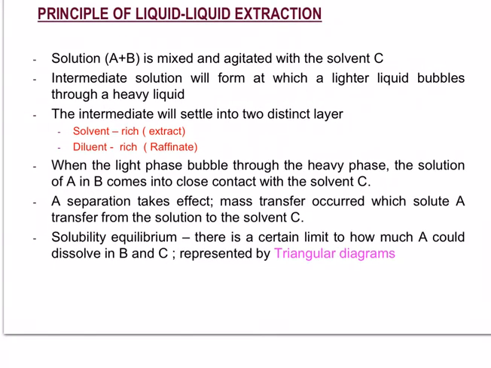Mass transfer occurs when the solute A in your solution is transferred into your solvent C. A separation takes place when the solute can be transferred into your solvent. In most cases, there is a certain limit to how much solute can be dissolved in B and C, and that is represented by a triangular diagram.